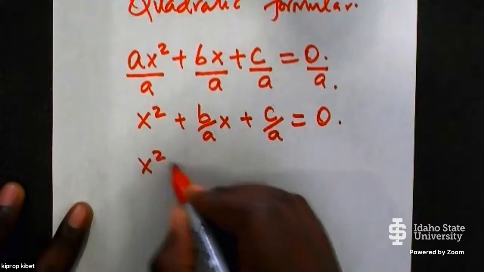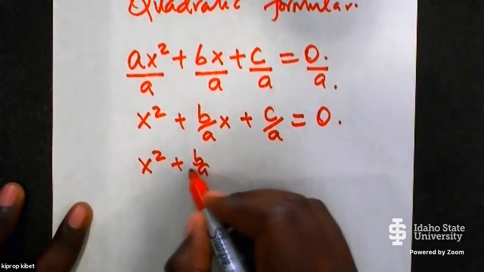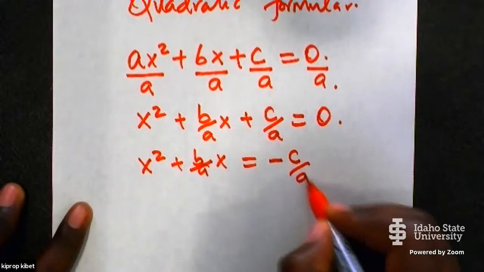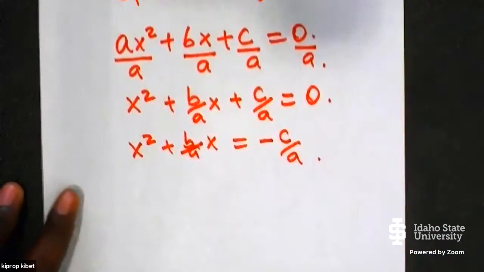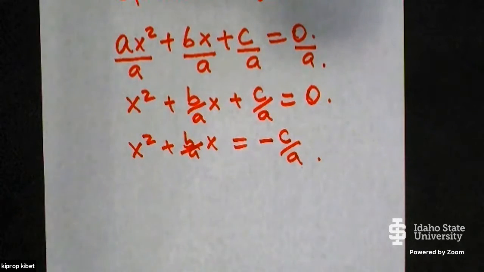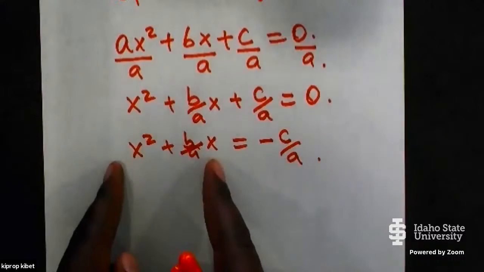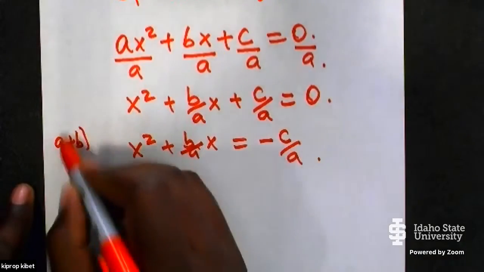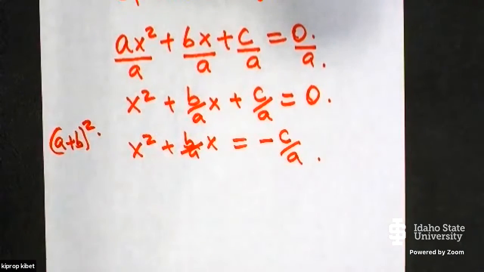So x squared plus b all over a x equals minus c all over a. Then now, looking at this, this is of the form a plus b squared.